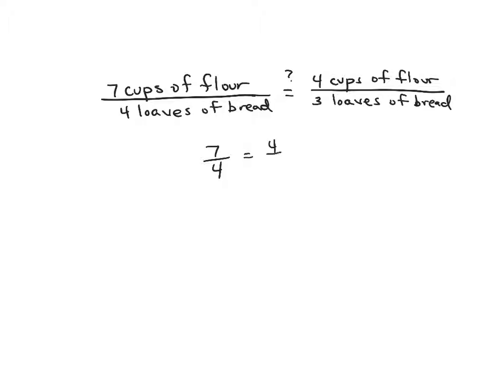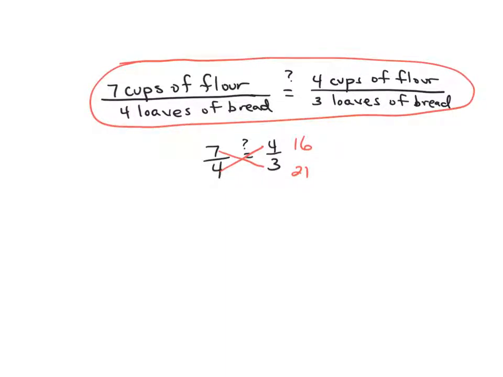Is 7 over 4 equal to 4 over 3? In order to find out, I'm going to cross multiply. 7 times 3 gives me 21. 4 times 4 gives me 16. So this is not a proportion because the two ratios are not equal to each other.